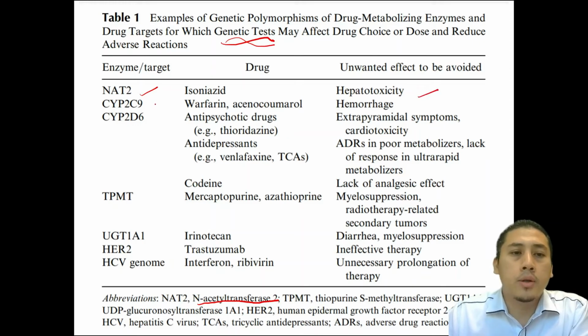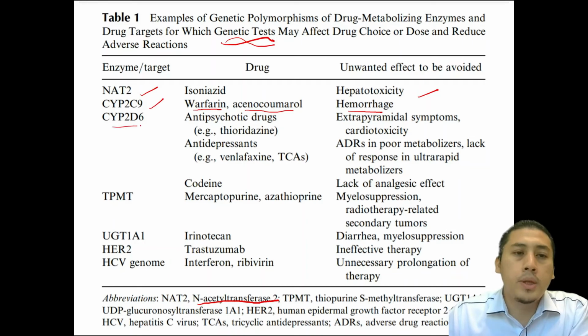And then CYP2C9, this is the example that I mentioned earlier. It metabolizes warfarin and acenocoumarol. So in the case of it has reduced capability of metabolizing warfarin, then it will cause hemorrhage, intestinal hemorrhage, because the blood is too thin.